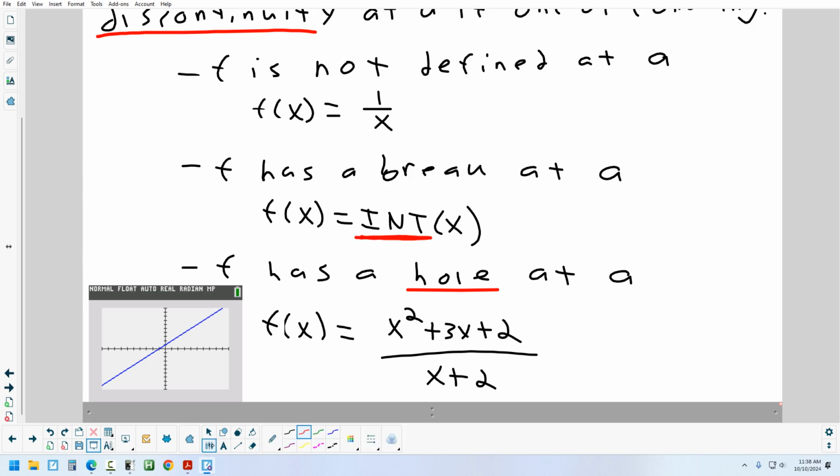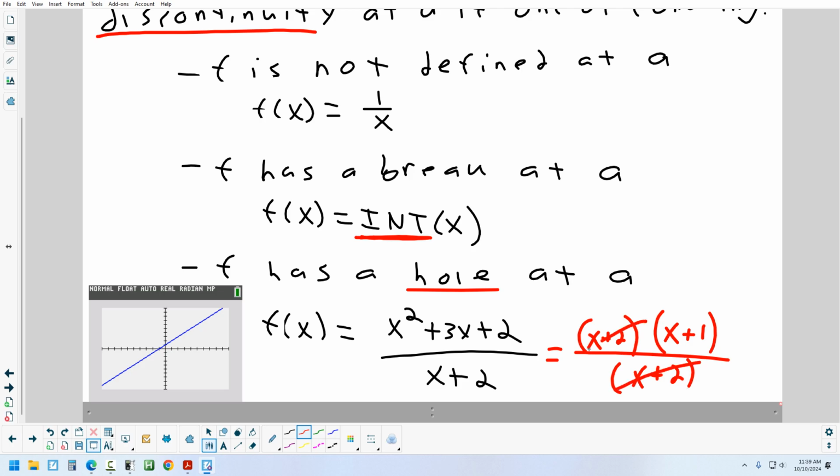Let's factor the numerator and watch what happens. How would the numerator factor? x plus 2 times x plus 1. What do you notice now that we factored it? We have x plus 2's on top and bottom.